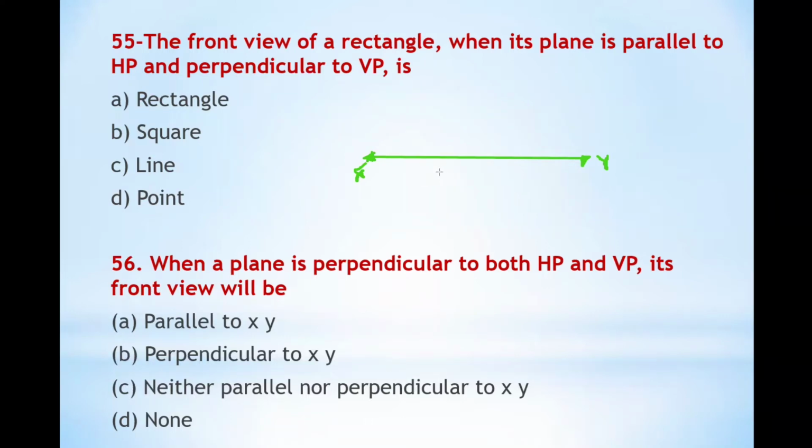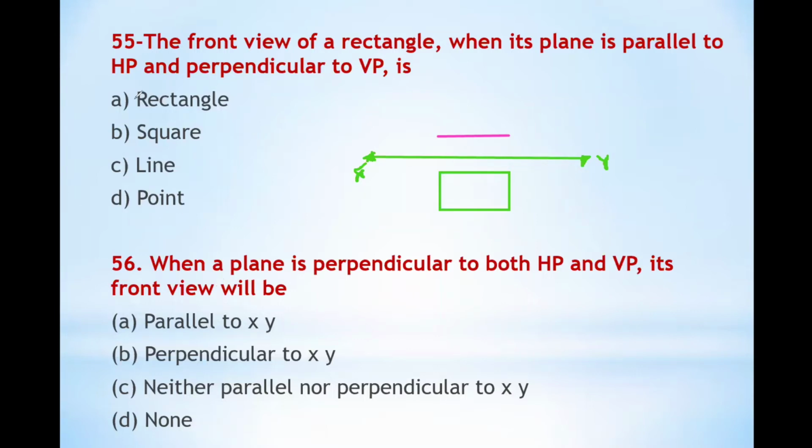It will be like this. The top view you will get like this, and when observed from the front side, we'll get one line. That means we'll get an edge view as the front view, like this. So like this we are getting the front view and the top view in this case.